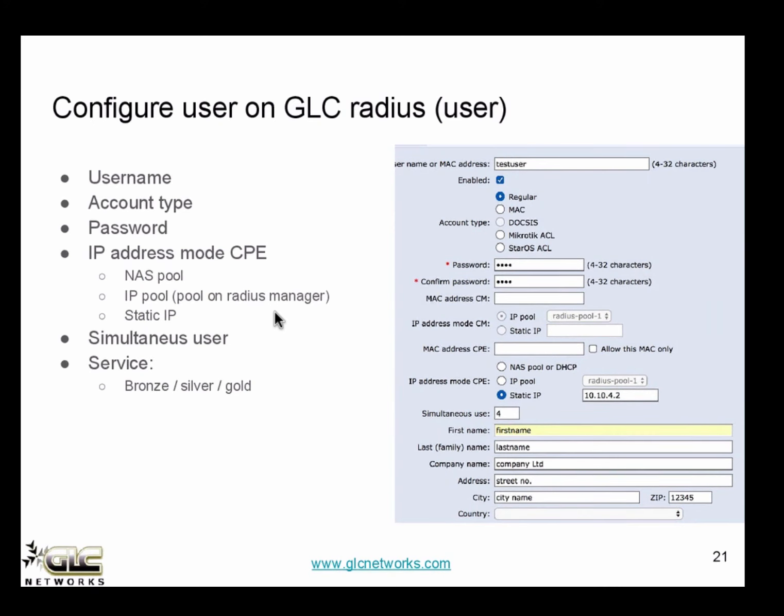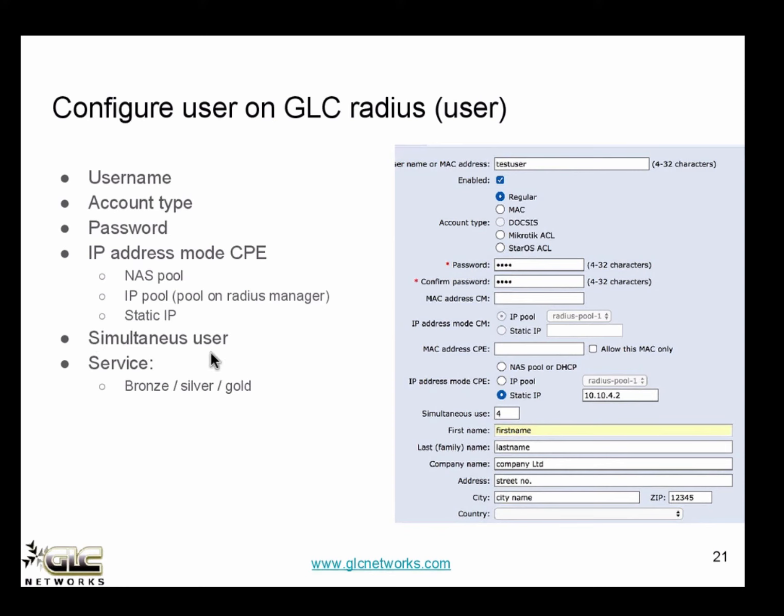At the NAS, for example in Mikrotik, we can create an IP pool, you just go to IP pool, and then we can use IP from that pool. Or we can use an IP pool defined by the Radius manager, or we can set up a static IP here. With Radius, if a customer requires a static IP, we just assign a specific IP for that particular user.